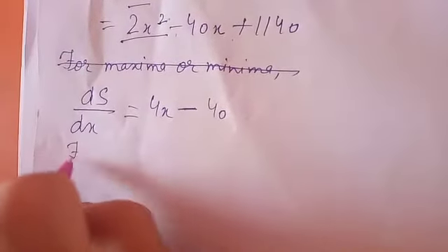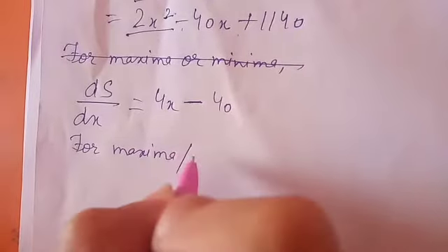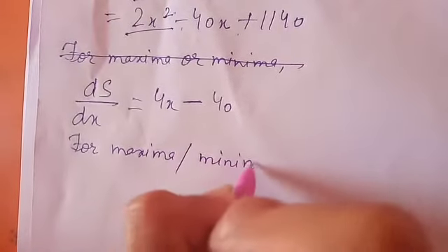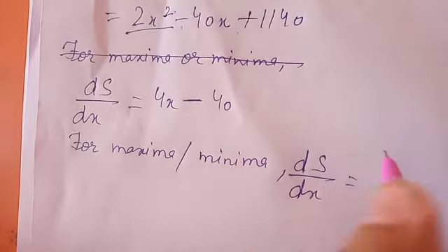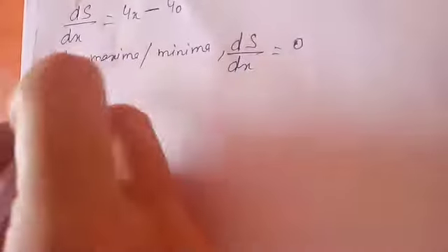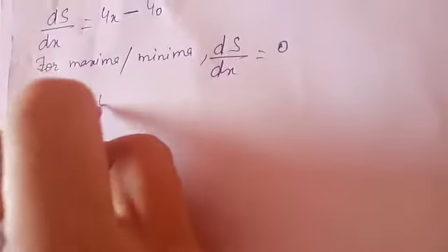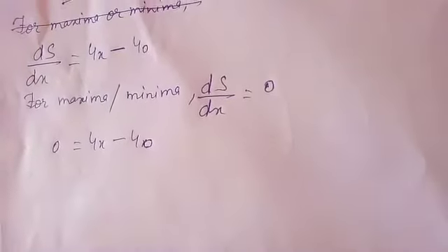Now we have to check for maxima or minima. What we have to do? We have to put dS by dx equal to 0, means our first derivative is 0. So after putting it as 0, I get 0 equal to 4x minus 40.